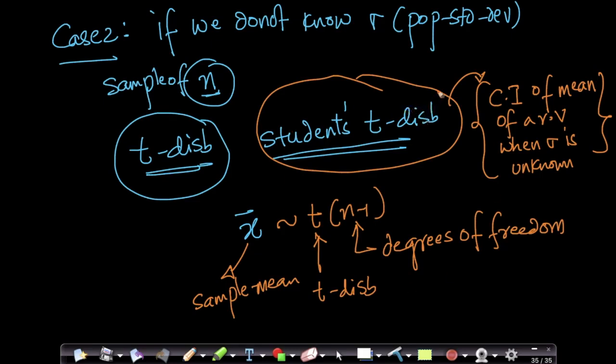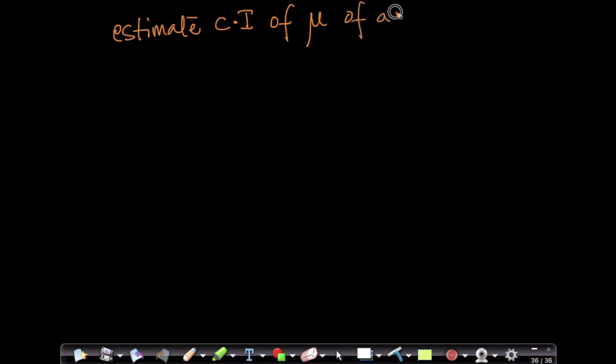There is one problem with the approach that we discussed in this video. We were trying to estimate the confidence interval of the population mean of a random variable, for which we had two cases. Case one was that sigma is known.